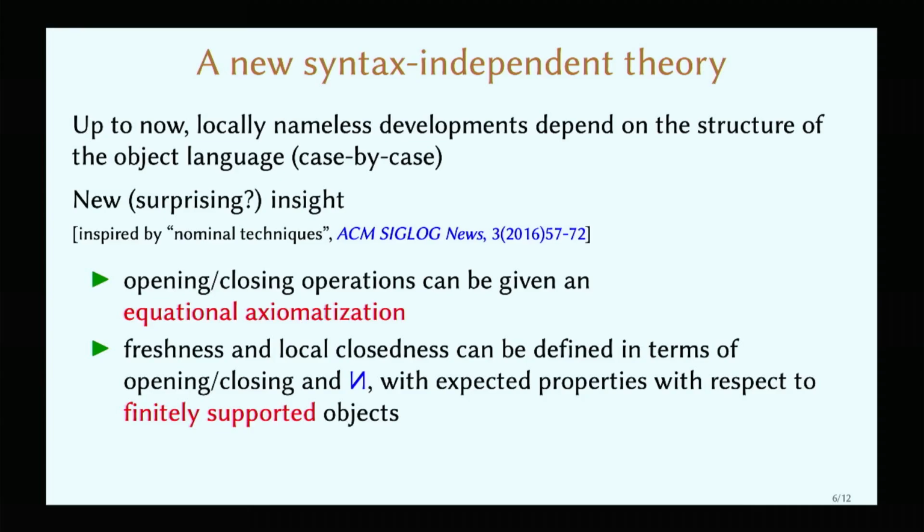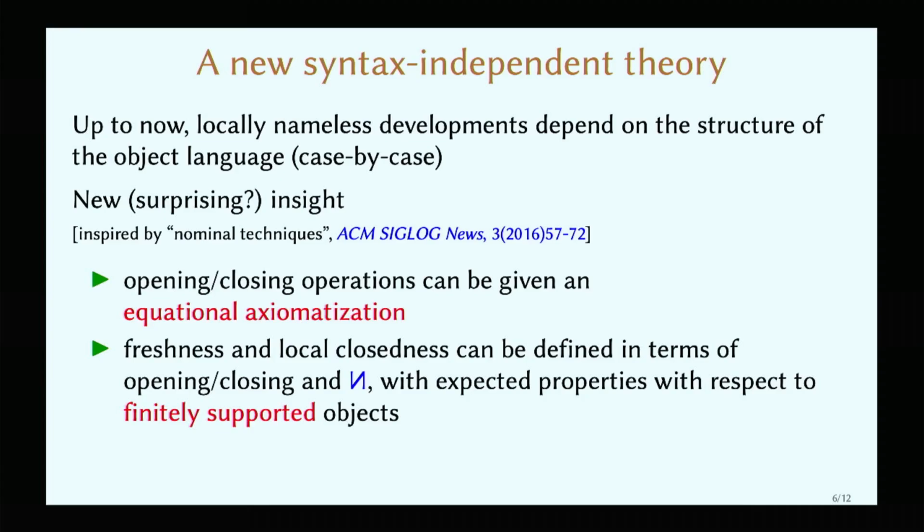And if you take those as axioms, then you can define, using the operations and the cofinite quantifier, the freshness and local closedness relations and develop a lot of the infrastructure of the locally nameless approach. In particular, developing a notion of finite support, which is itself expressed in terms of opening and closing and cofinite quantification.